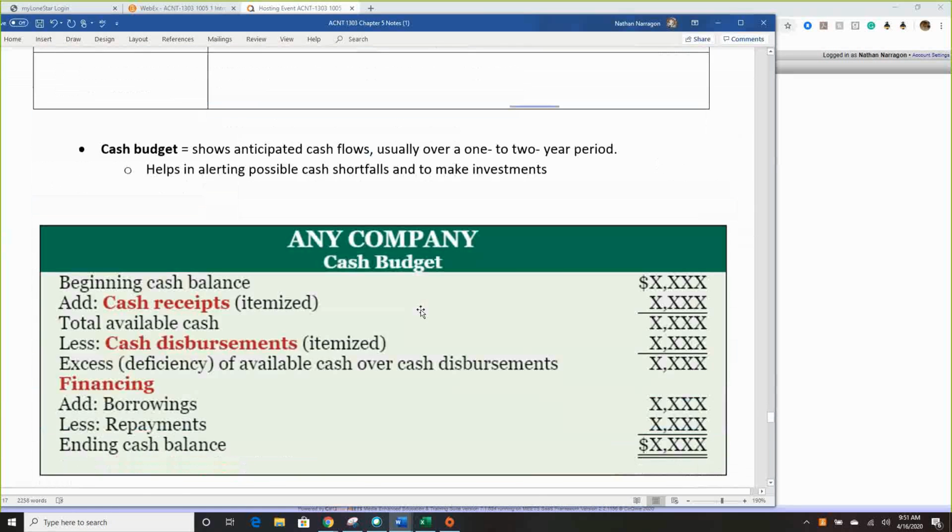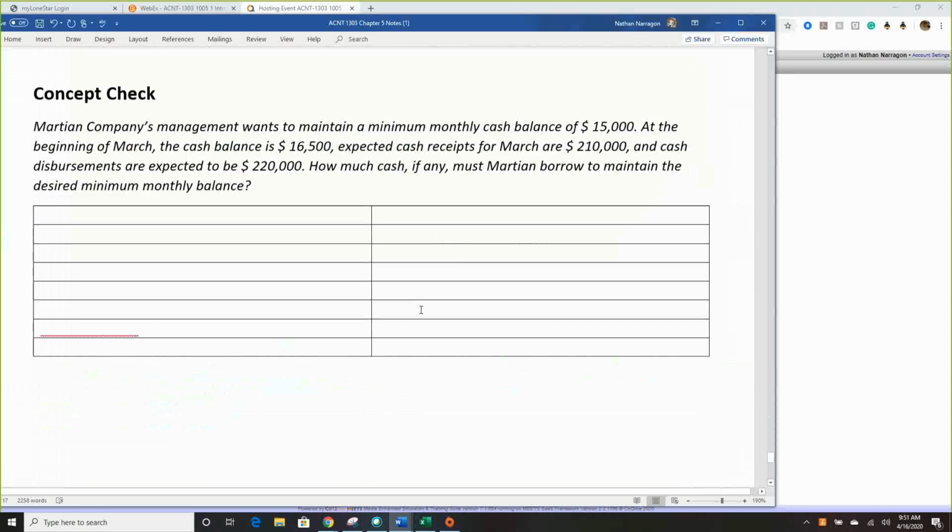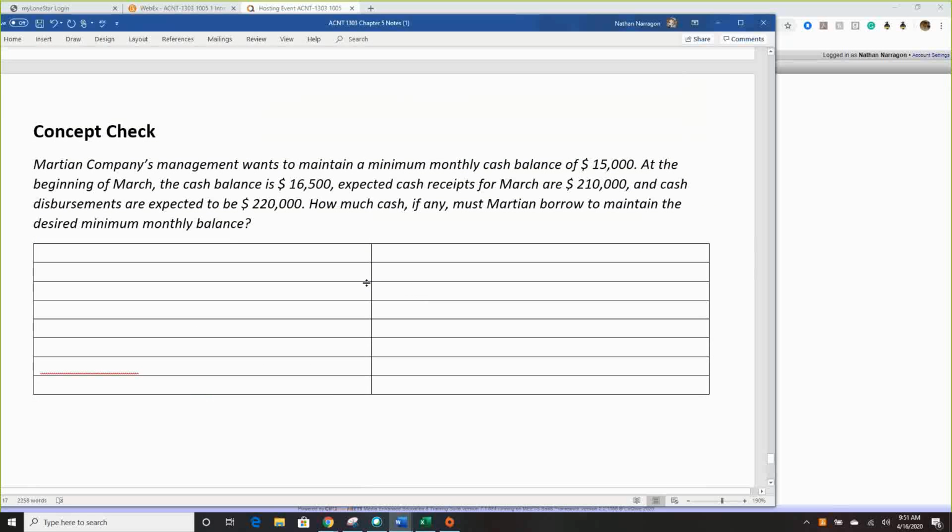Okay. And then for the budget here, okay, Marketing company management wants to maintain a minimum monthly cash balance of $15,000. So we're only looking at a $15,000 budget. At the beginning of March, the cash balance is $16,500.